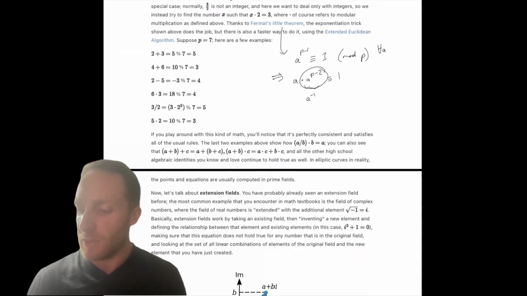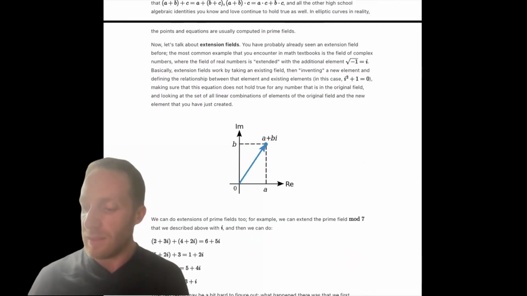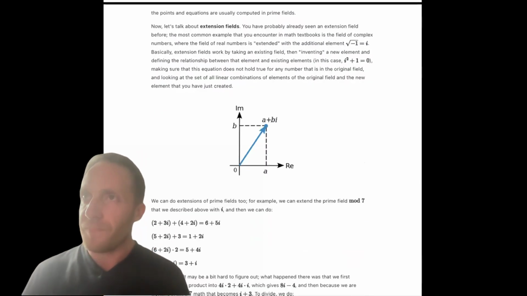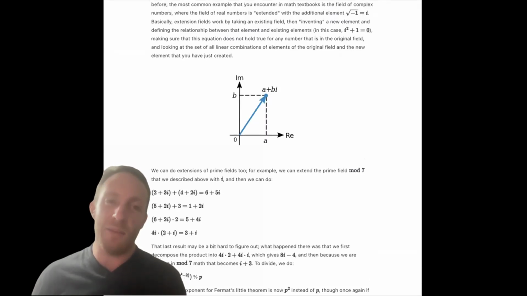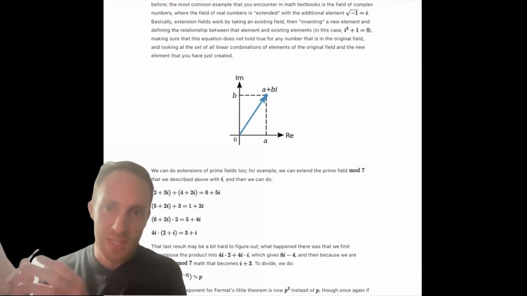He's going fast, and I'm also going to go fast because now he's going into extension fields, towards the type pairing. I'm going to skip a lot of this because it's actually not relevant at all to using a pairing as a black box application.